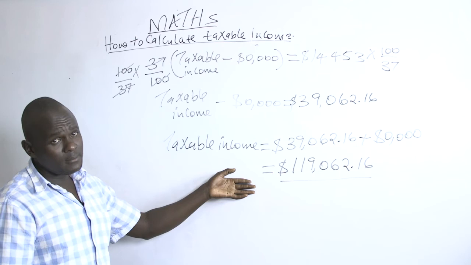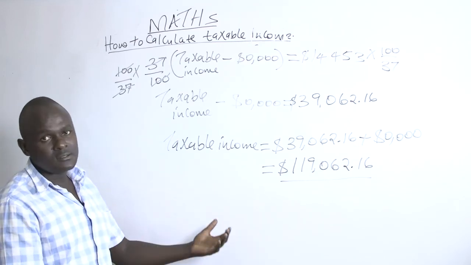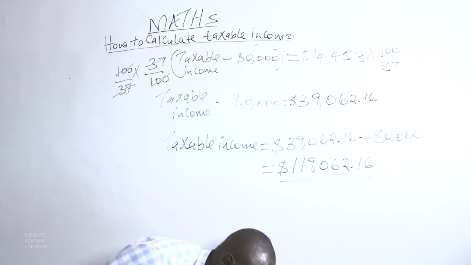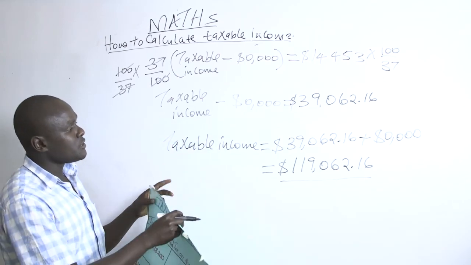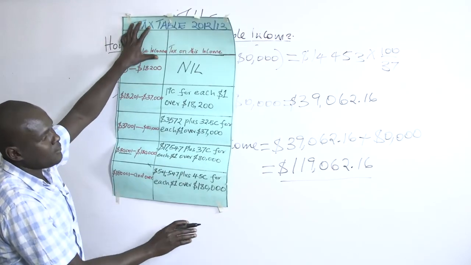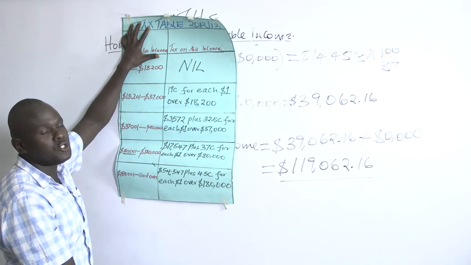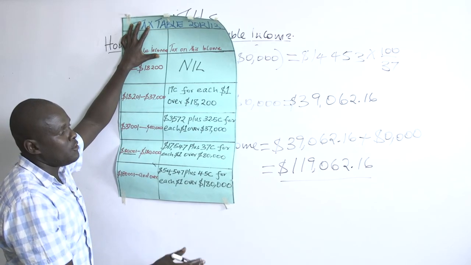And we can still confirm whether we used the right tax bracket. Remember, we have been using the fourth tax bracket, and this amount should fall within the stipulated range in the fourth bracket.